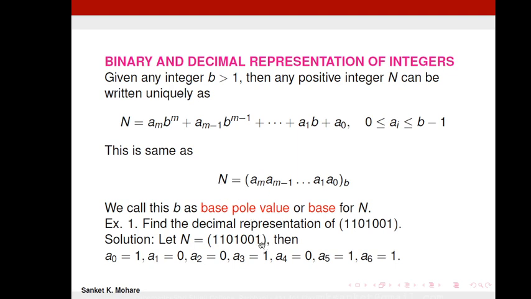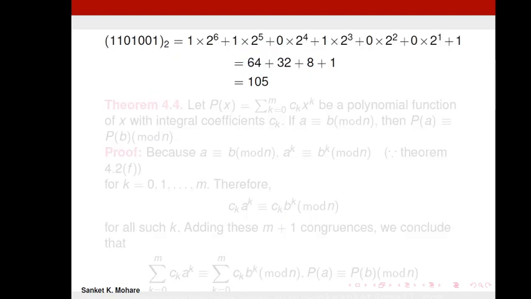Therefore, the binary number 1101001 to the base 2 is equal to 1 multiplied by 2 raised to 6.